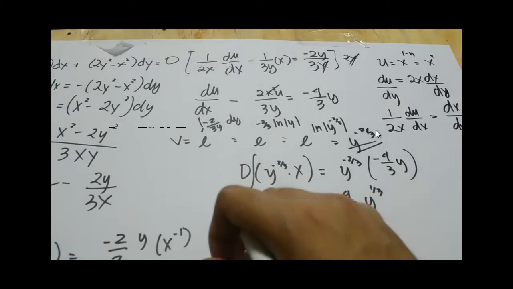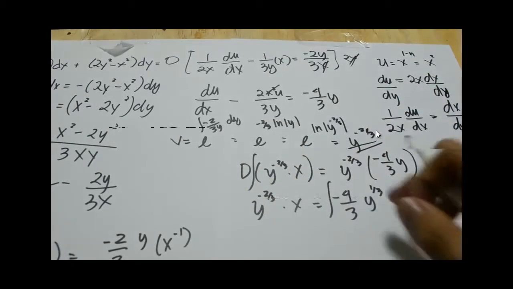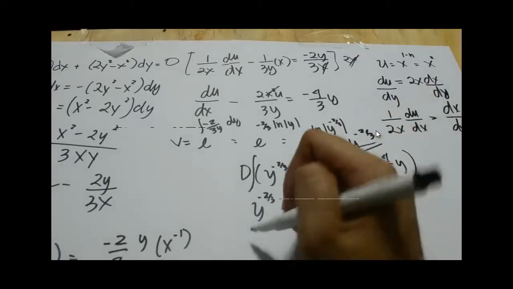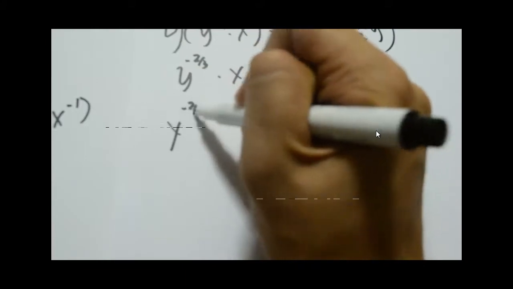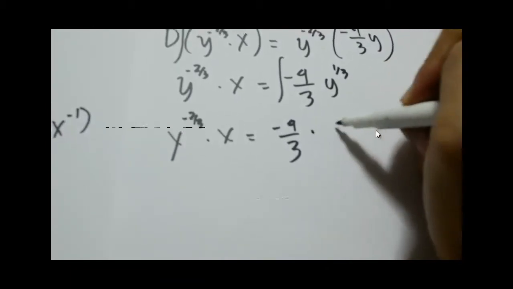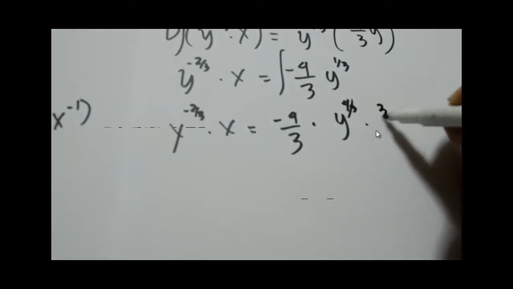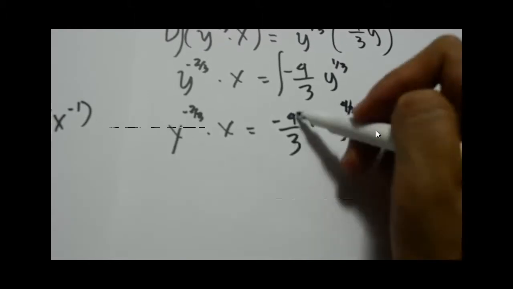I'm not done here integrating, so I should integrate this first. So y to the negative 2/3 times u is equal to negative 4/3, so 1/3 plus 1 equals 4/3, times y to the 4/3 times 3/4 plus c. So we can cancel this one out.